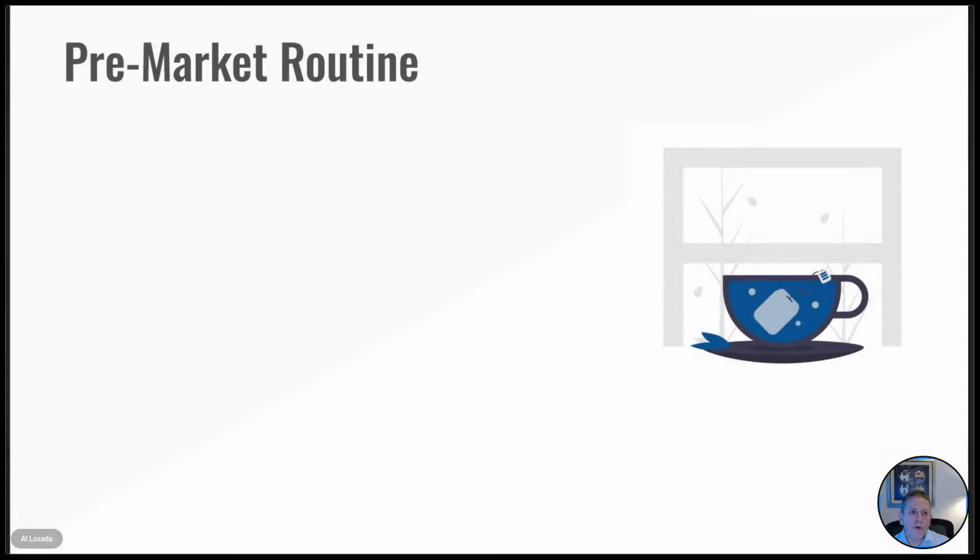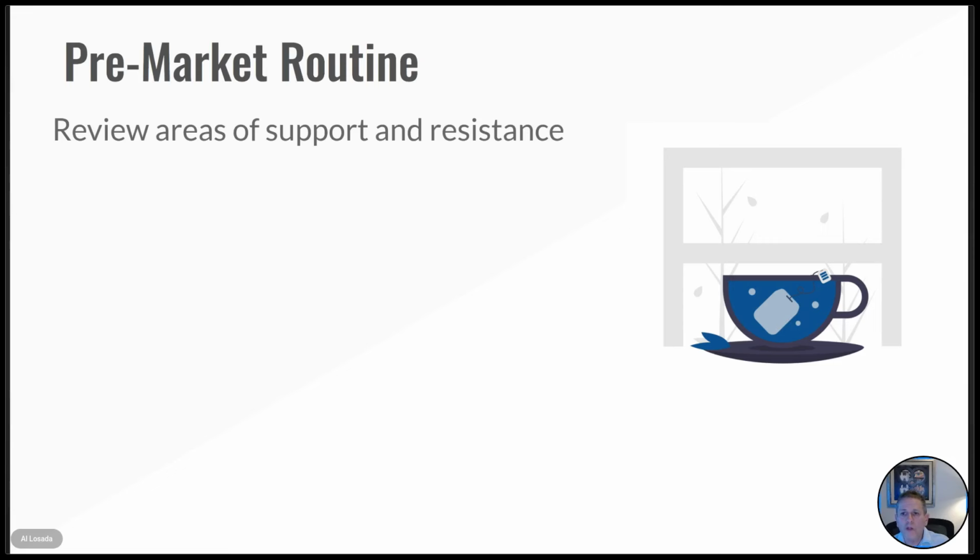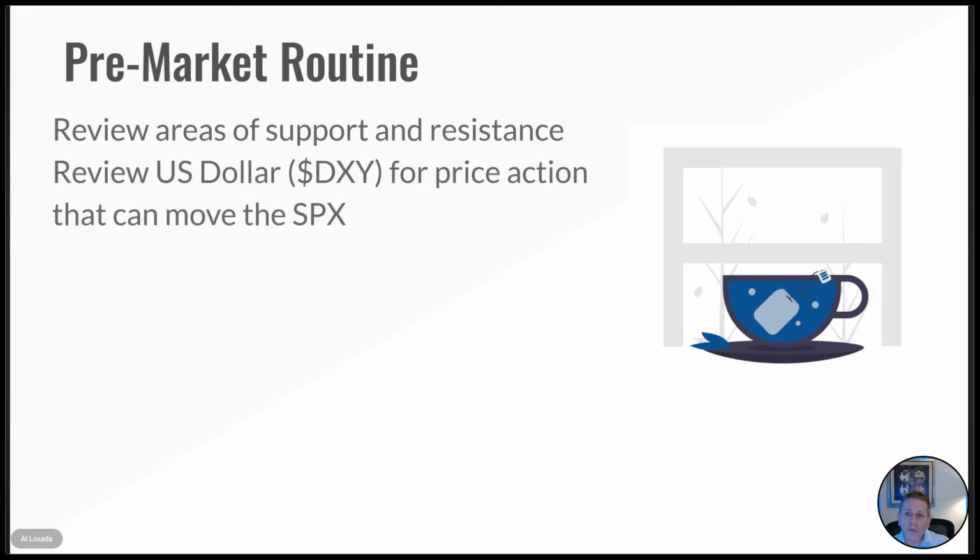Pre-market routine: review areas of support and resistance. I like to identify areas for shorter term trades, to use them to determine how to adjust and how to get out. Number two is review the dollar, because as the dollar moves up, there's a counter to the market going down.